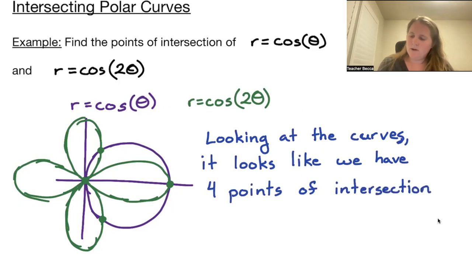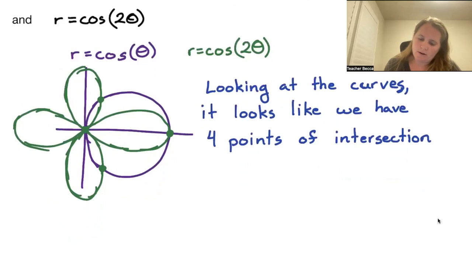Right, so we can go about solving this similar to what we do with x and y. We can go ahead and set our two equations equal to each other.